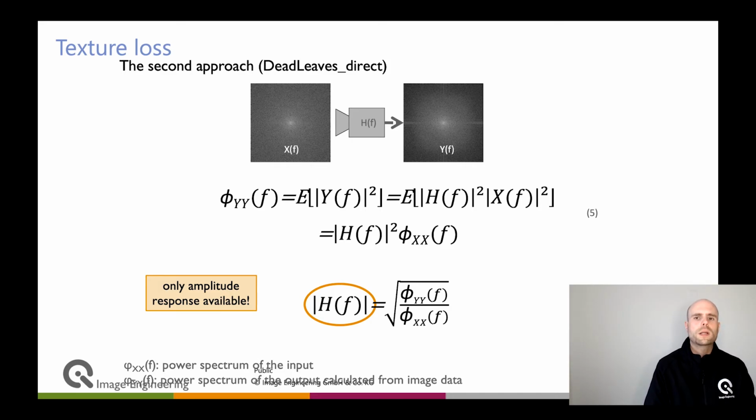One remaining problem, even with the dead leaves direct, is that we actually only measure the amplitude response. What does that mean? Basically, everything that is on top of the dead leaves pattern, like noise or other artifacts, will also be added to the results.